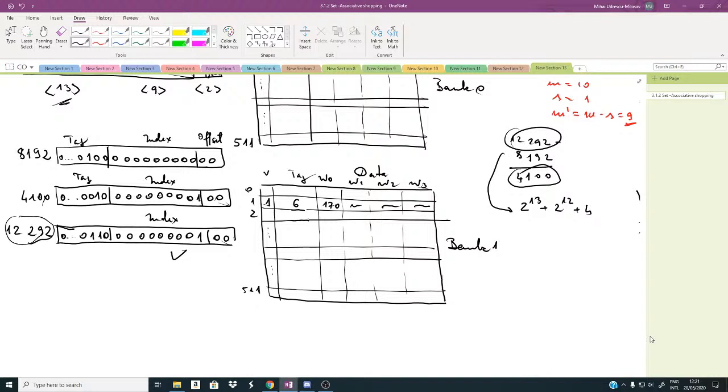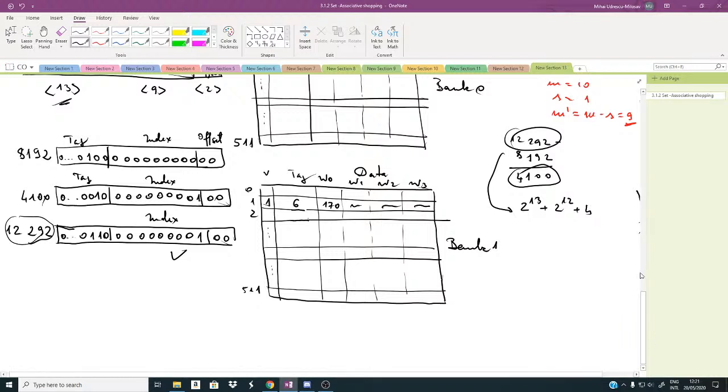But with this solution, you can have different blocks at the same index, right? Because you have a set of blocks associated to that index. So that was the idea.